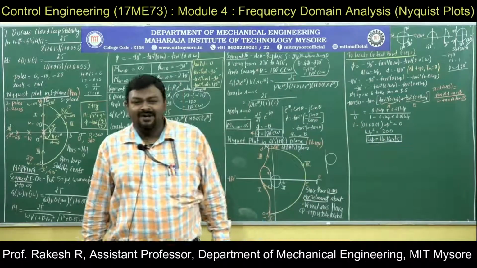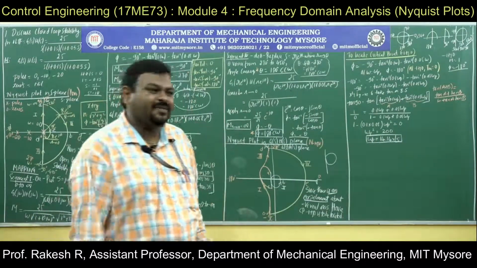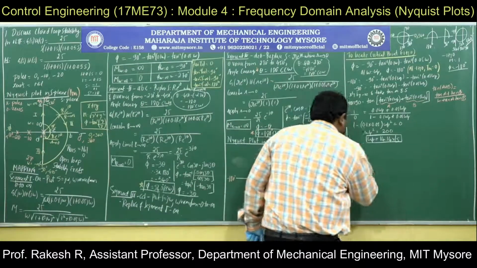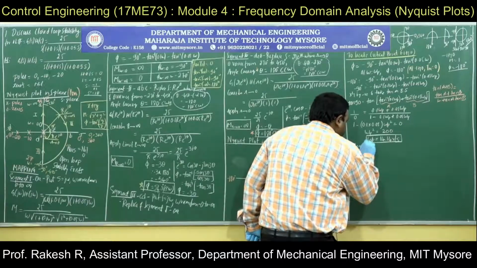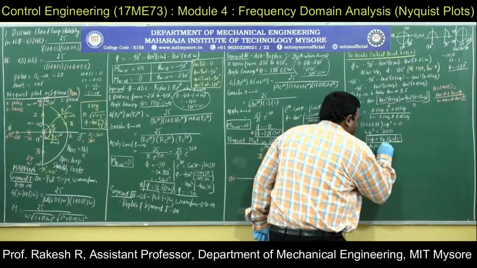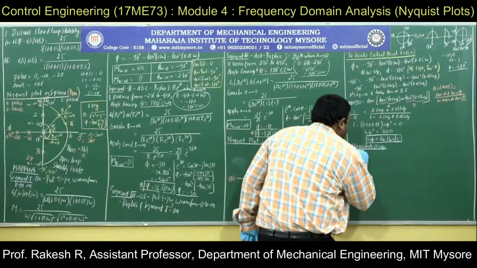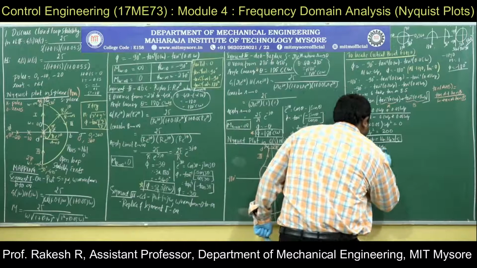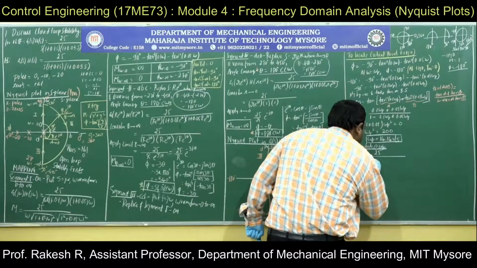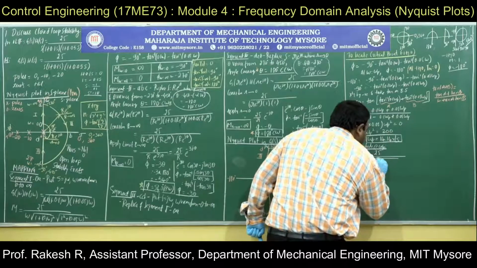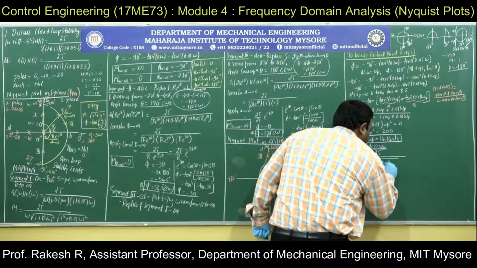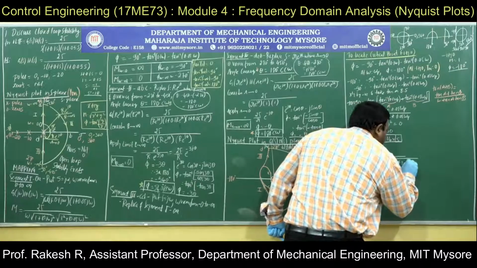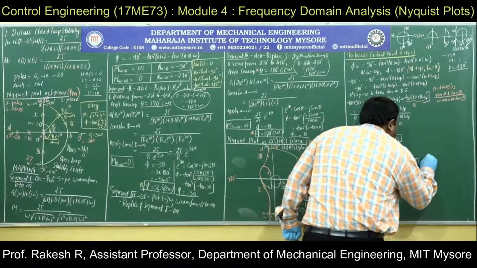What we have calculated? We have calculated omega p, but what we want is the magnitude. What is the magnitude at omega p? M will be equal to 25 divided by omega p into square root of 1 plus (0.1 omega p) square, into square root of 1 plus (0.05 omega p) square.